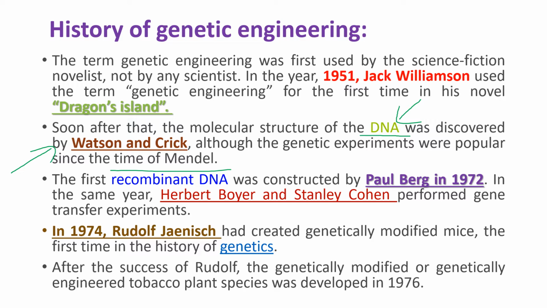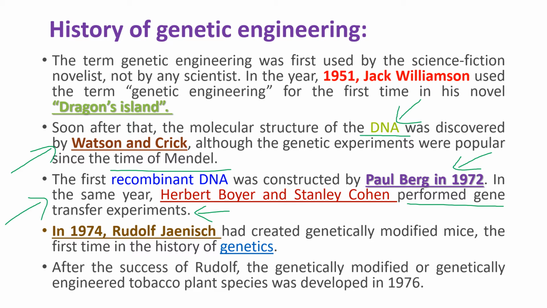Now the first recombinant DNA was then constructed using the restriction enzymes and various other tools by Paul Berg in 1972, almost 20 years after discovery of DNA. And in the same year, Herbert Boyer and Stanley Cohen performed the gene transfer experiments. So this is how genetic engineering has begun.